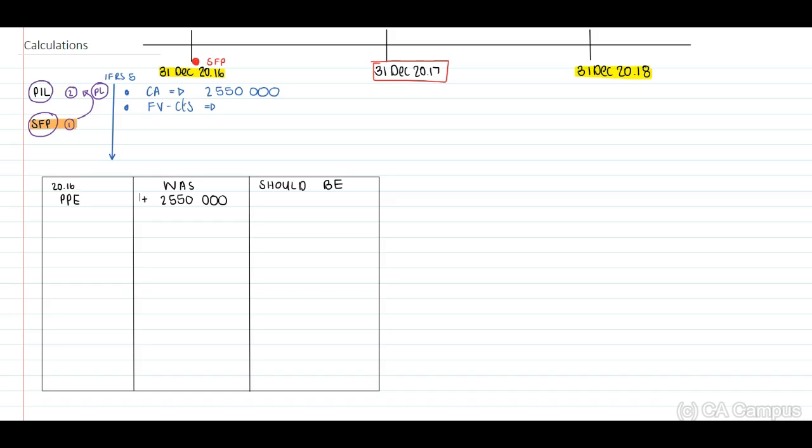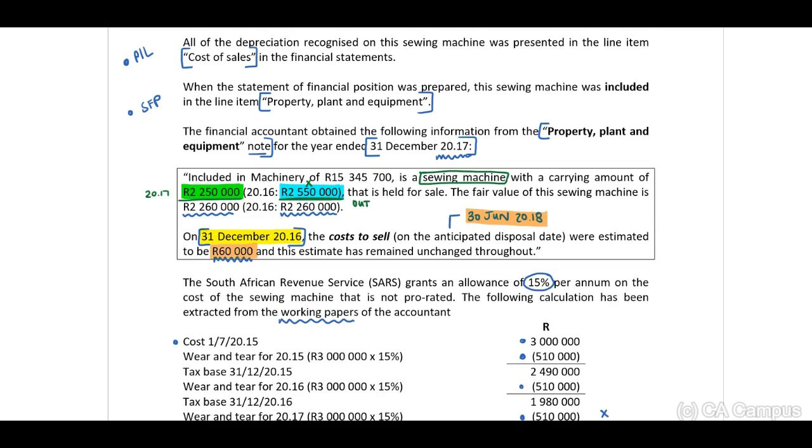Okay, then I know at the end of 20.16, when I transfer my PPE to IFRS 5 at the lower of carrying amount, fair value less cost to sell, they've indicated to me in the given scenario that my fair value is 2260. It remained unchanged.